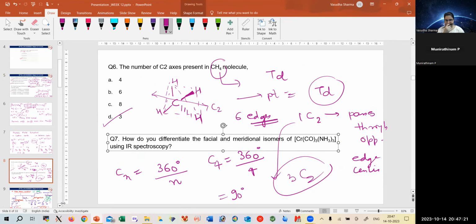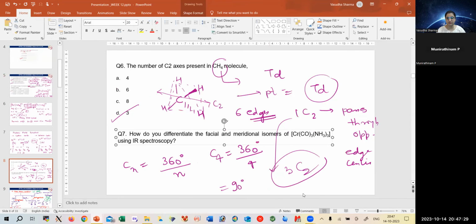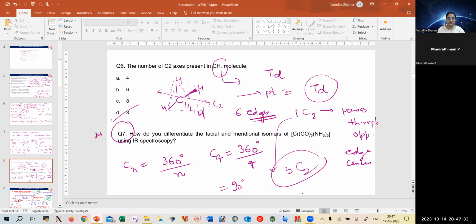Right now, if you do not remember group theory or point groups, then question number 7 is homework. You need to find out: how do you differentiate between the facial and meridional isomers of this complex through IR spectroscopy?